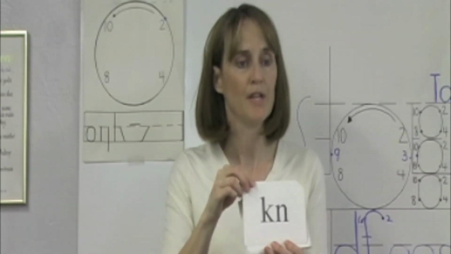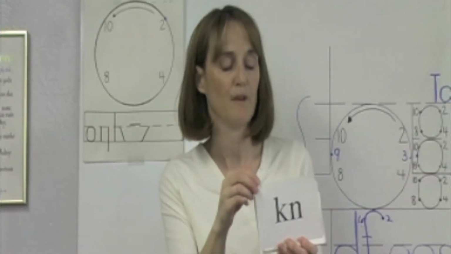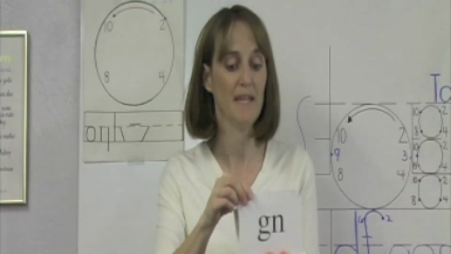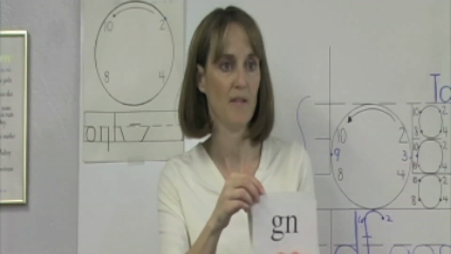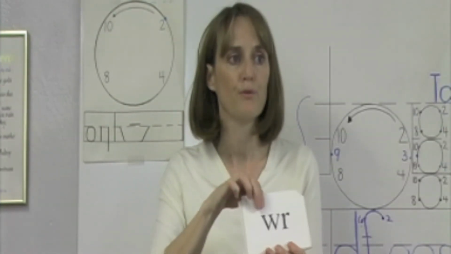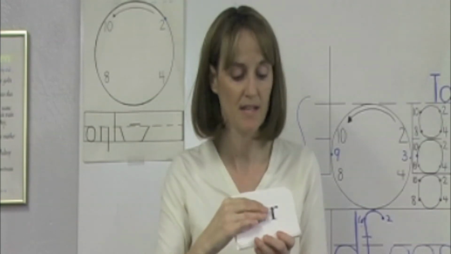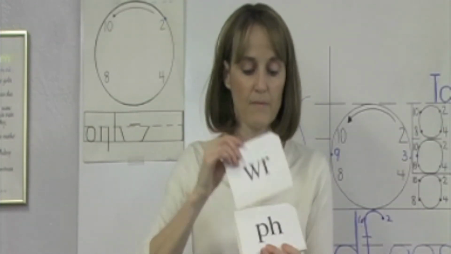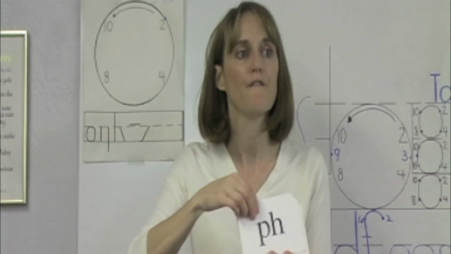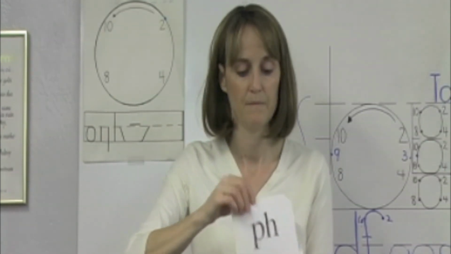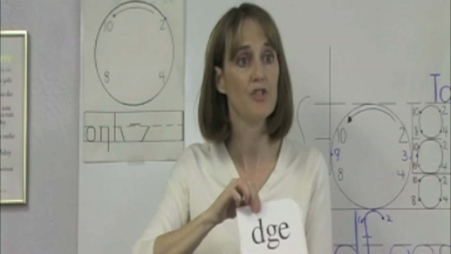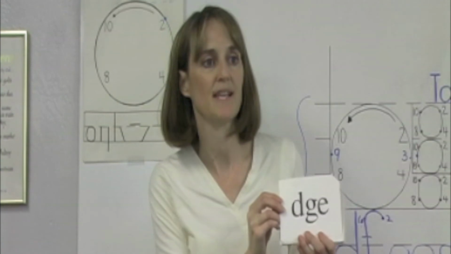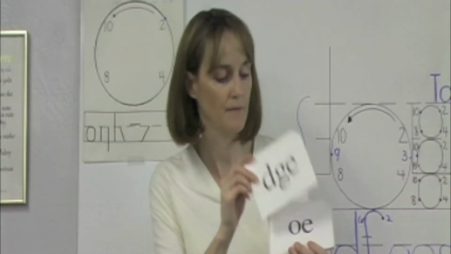N, two-letter N, used only at the beginning of a base word. N, two-letter N, used both at the beginning and the end of a base word. R, two-letter R, so it's the same sound as that one, but it's two-letter R. F, two-letter F. J, three-letter J, used only after a single vowel which says a, I, a.